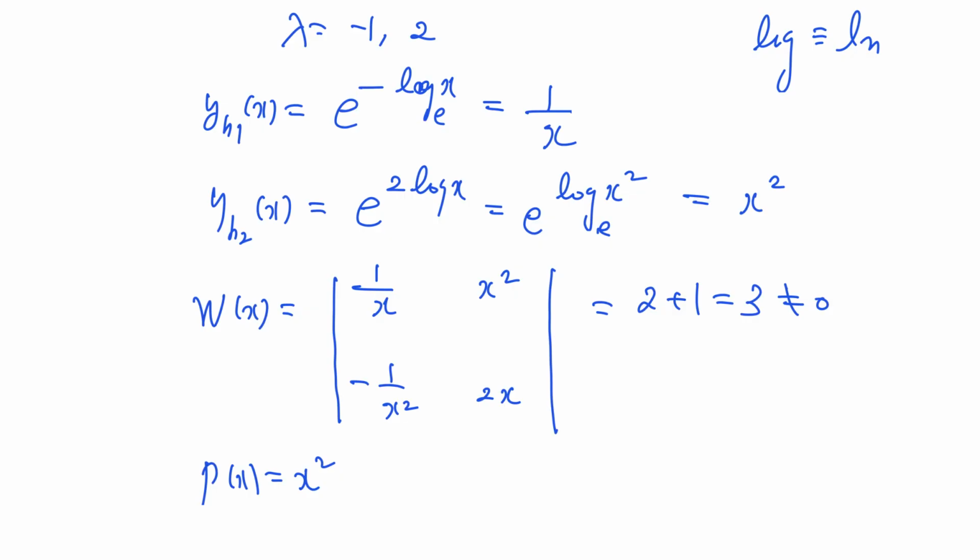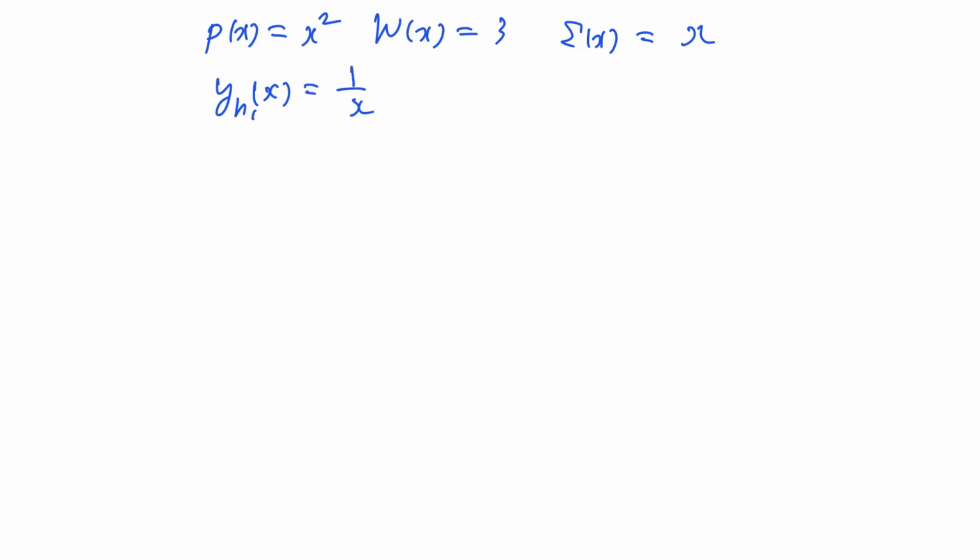The Wronskian is 3, p(x) is x squared, and s(x) is x. So y_h1(x) is 1 over x, and y_h2(x) is x squared.